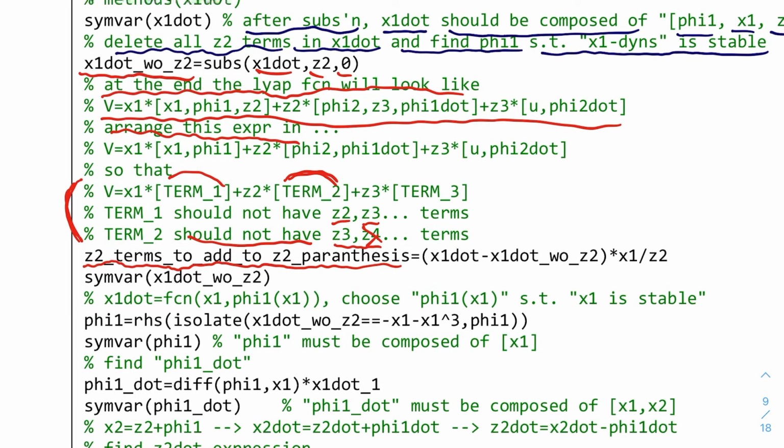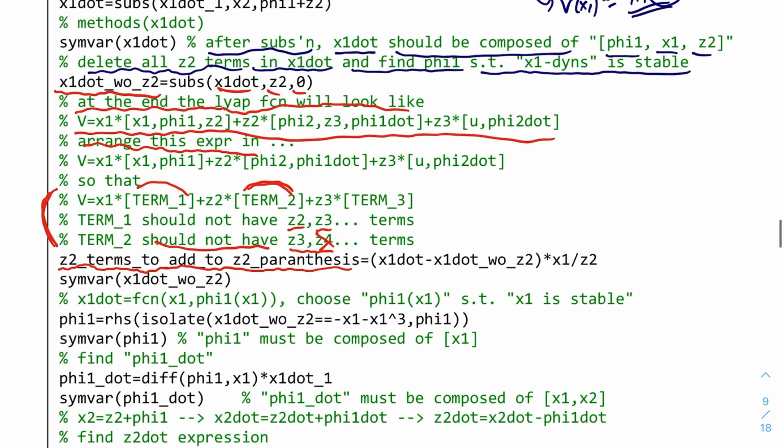The reason the name of that variable is really long is that I wanted to make things clear. So first you have x1 and x1 dot plus z1 and z1 dot plus z2 and z2 dot.